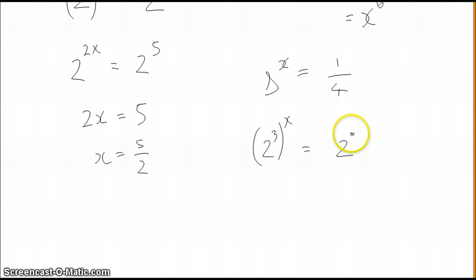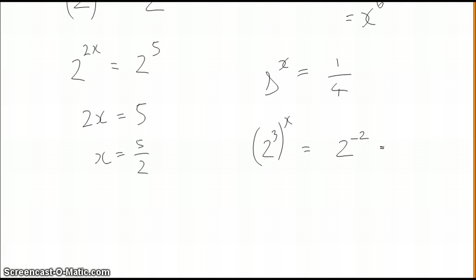And what would the power here be to get 1 over 4? Minus 2. 2 to the power minus 2 is the same as 1 over 4.